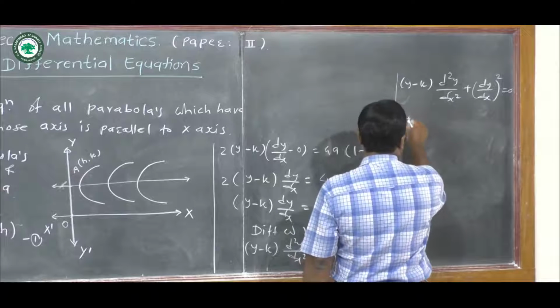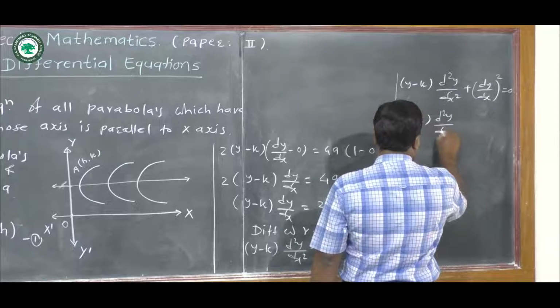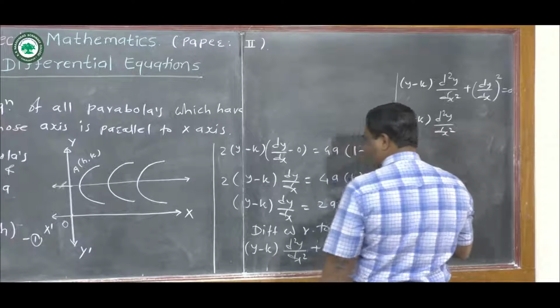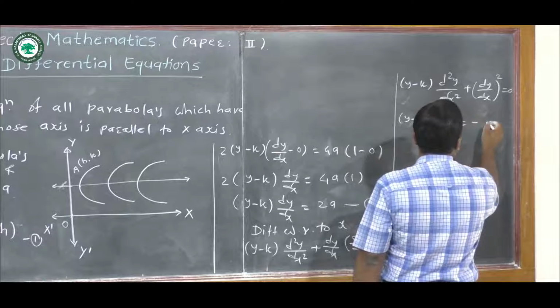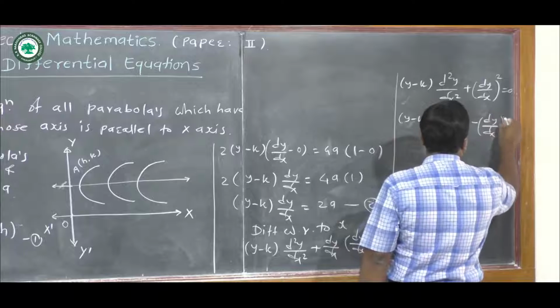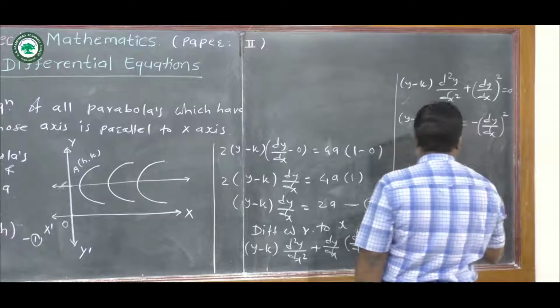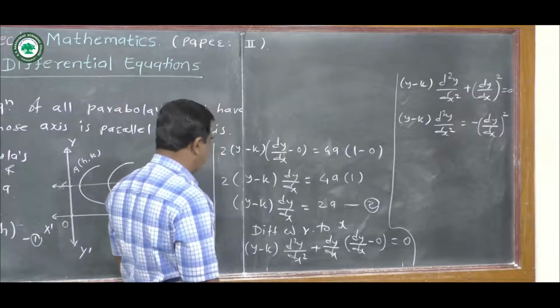That is, we can write (y minus k) into d square y by dx square is equal to minus (dy by dx) whole square.